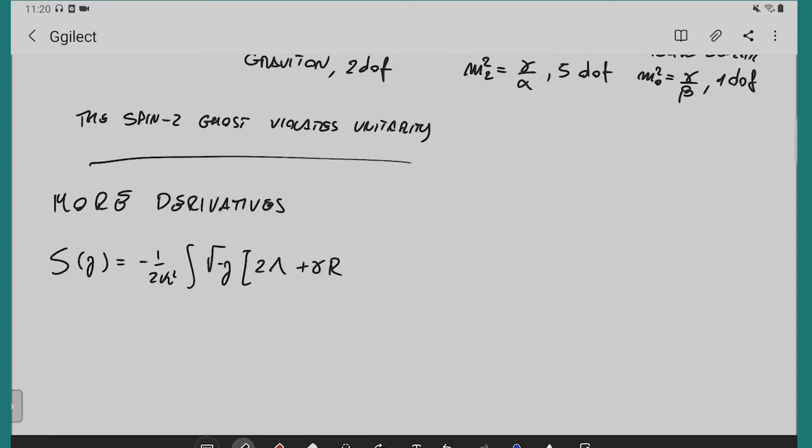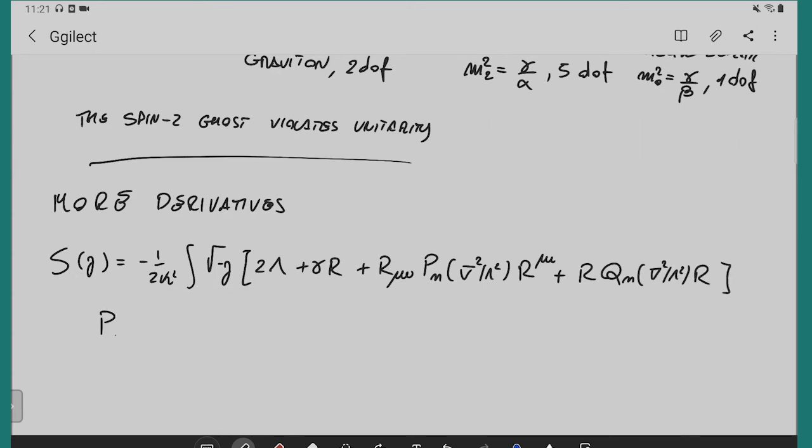So the first part is the same, and then you write this, where Pn and Qn are 2 polynomials of degree n.